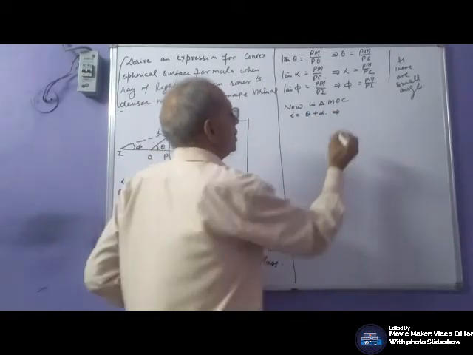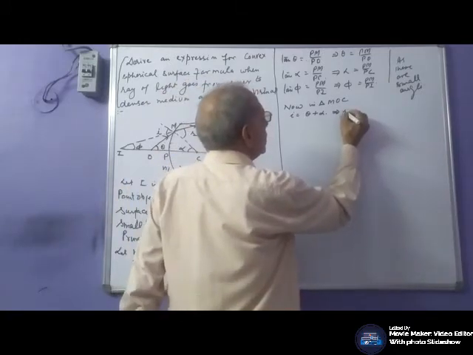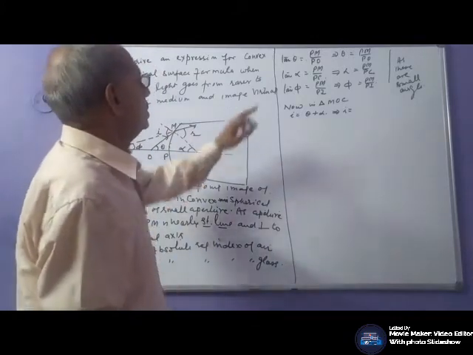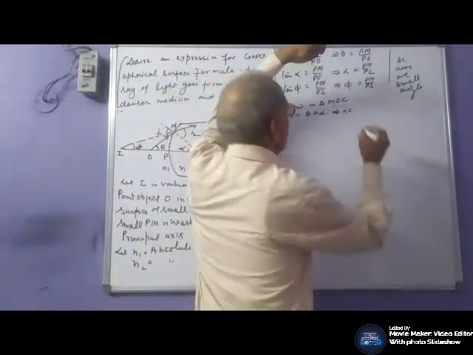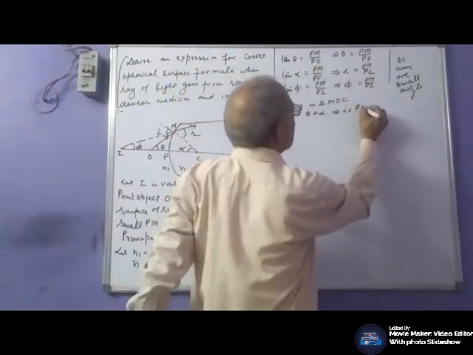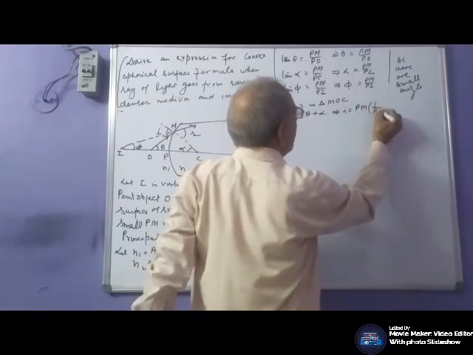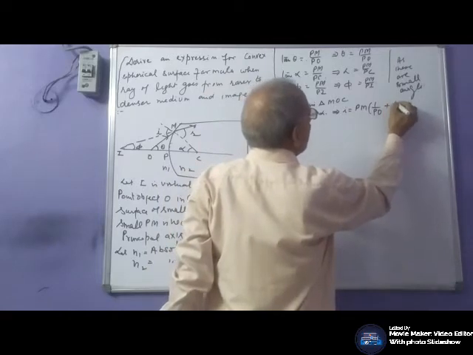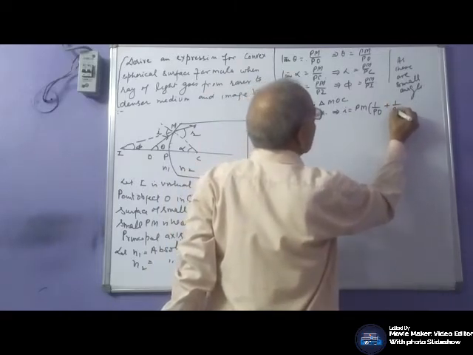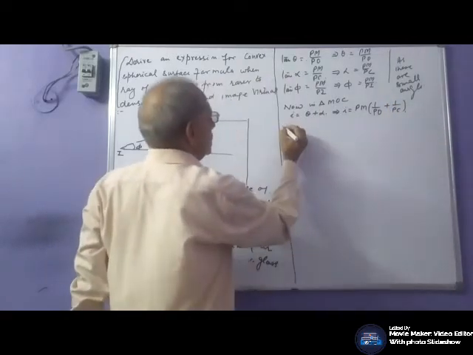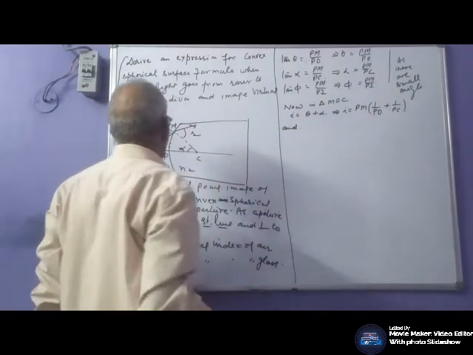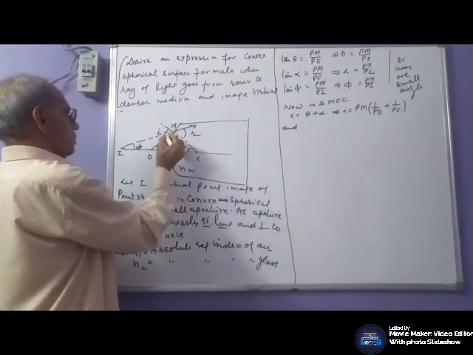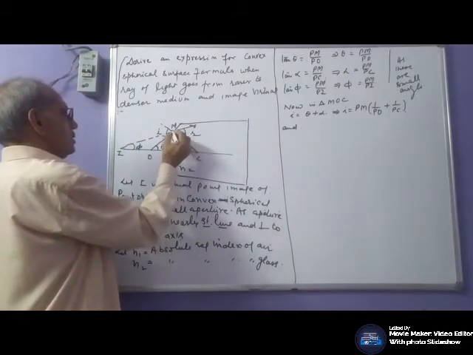I is theta. Theta is this, PM common, 1 by PO. Alpha, PM common, 1 by PC. And R. R is in this triangle.